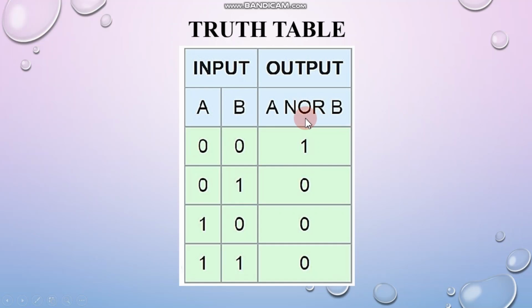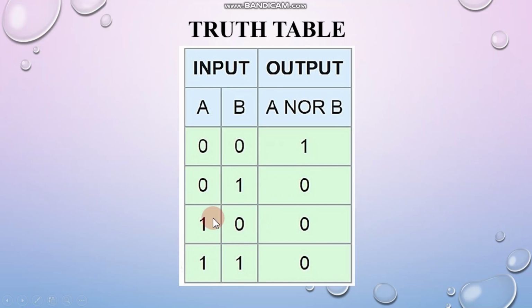Now I already said that the NOR gate will give a high output if and only if the two inputs are at low logic level. Hence the output column is represented as capital Y. In the output expression, Y is equal to A NOR B, which is also written as A plus B the whole bar. So for the 0 0 combination, since both inputs are at low logic, output is 1.